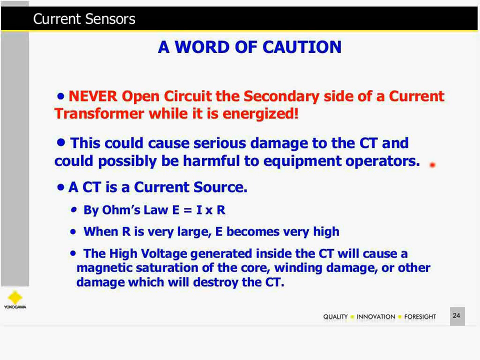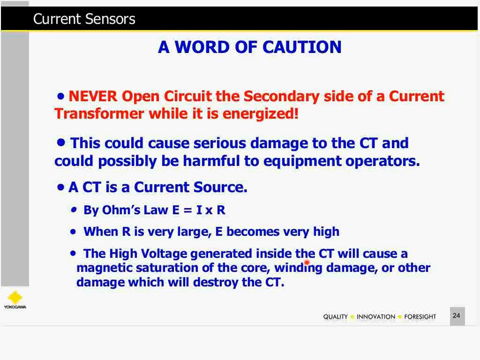Here's what happens. A current transformer is a current source. So just going back to Ohm's law, voltage equals I times R. What happens when R becomes very large? E, the voltage goes very high, and this internal voltage within the current transformer will just self-destruct the CT.